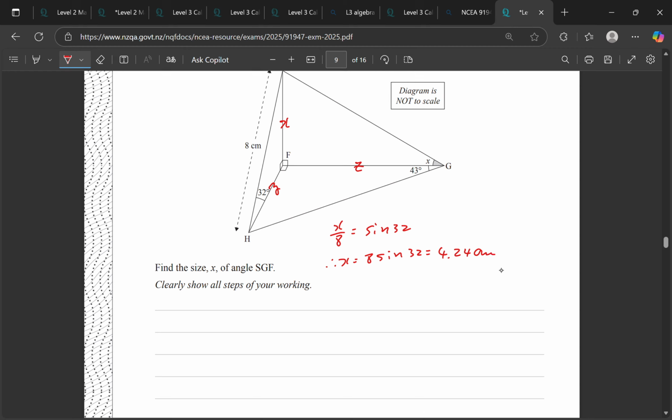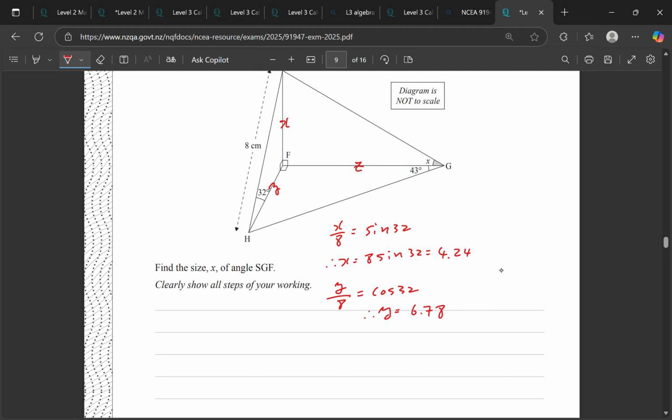And same way, y over 8 equals cosine 32, hence y equals 8 cosine 32, which is 6.78. Hold on, that doesn't look like centimeters. Yeah, I would just leave it 4.24, and y is 6.78.